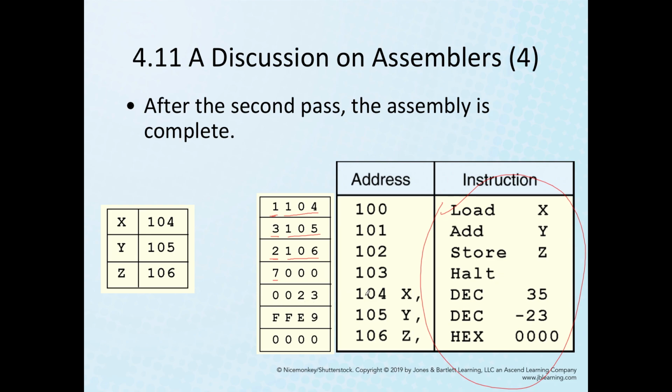Then at the next location, address 104, decimal 35 is hexadecimal 23, decimal negative 23 is hexadecimal FFE9, and hexadecimal 0 is 0. So we finally get the assembled code, the object program code. That is the second pass of the assembler.